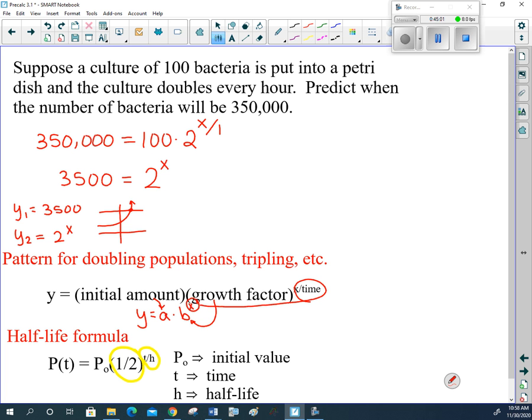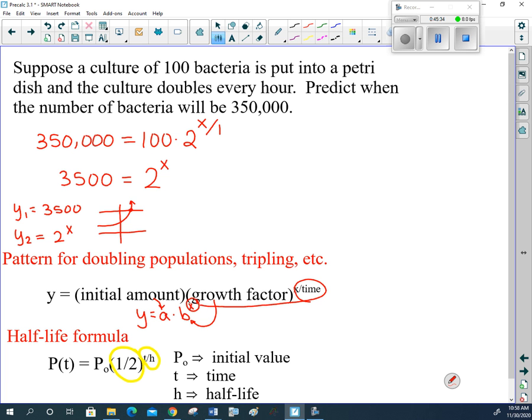So let's say 2 to the 11.75 power. Ooh, so close. 3,444. So how about 2 to the 11.76 power? Oh, not quite. 2 to the 11.78 power.